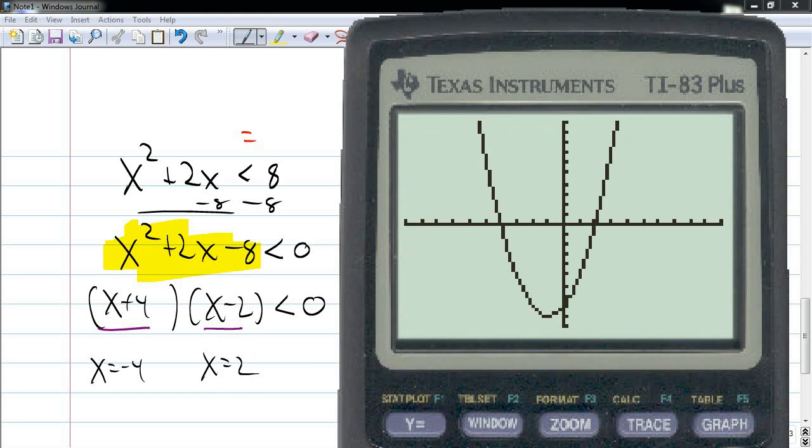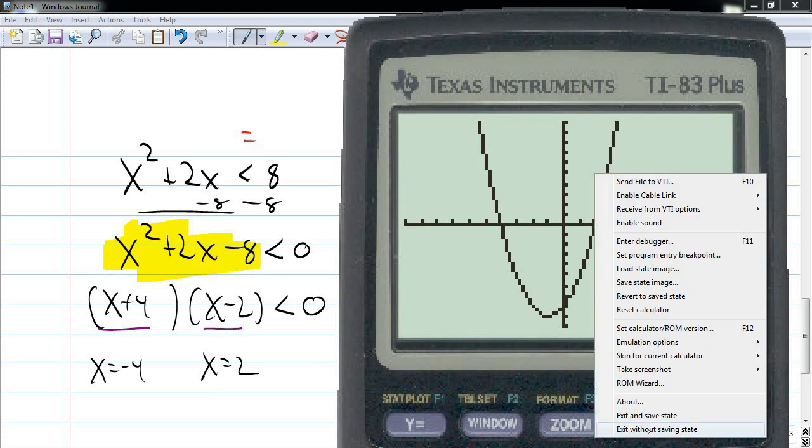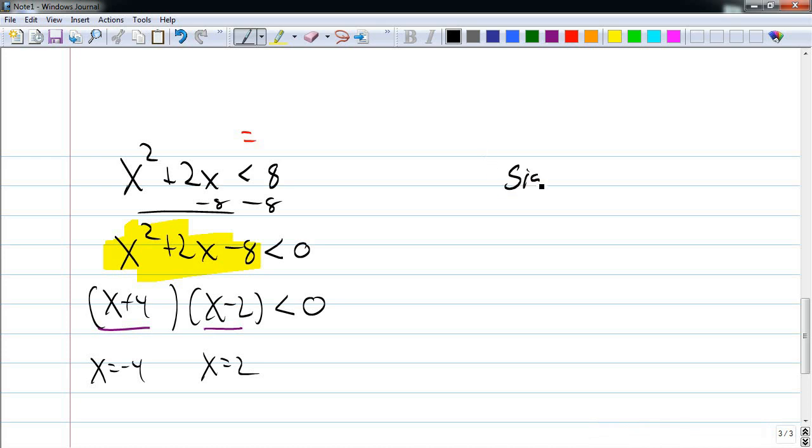It isn't good enough just to find where this thing equals 0. We have to do a little more investigation. What we have to do is what's called a sign table. Now, the first step in creating a sign table is essentially what I have done here, is to pretend that this is an equation, pull everything to one side, and factor, and find out where that expression is 0.